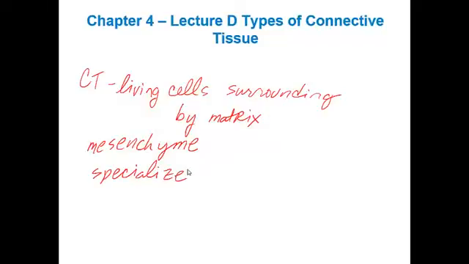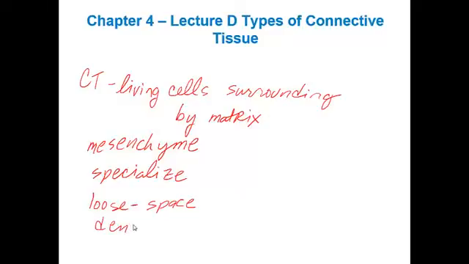And the first group of connective tissue that we're going to talk about has 6 different types within it. It's called the connective tissue proper. And it's classified into the loose connective tissue. And so the loose connective tissue means that there is lots of space between the different fibers in the extracellular matrix.